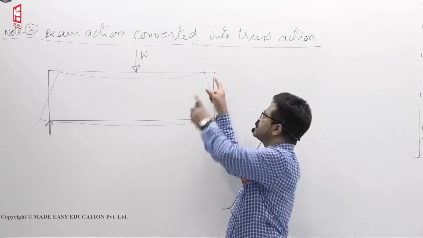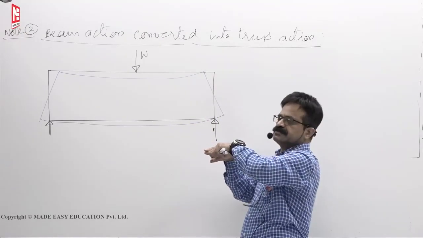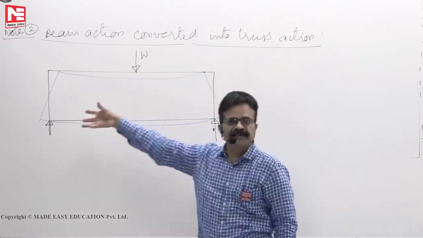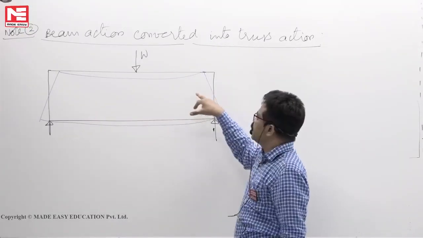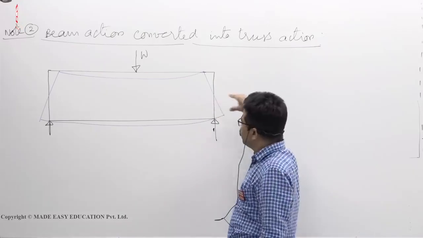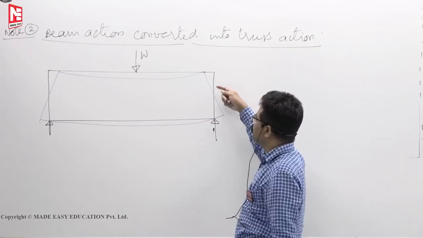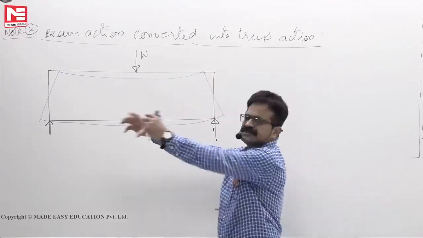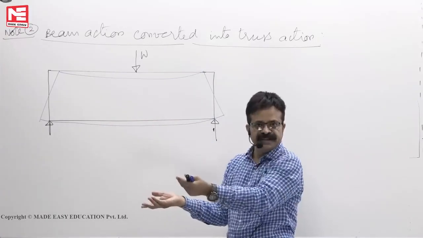This one is actually a solid rectangular section, so it will have heavy weight. At the neutral axis level, bending stress is 0. So when bending stress is 0 at the neutral axis level, why should we have a solid rectangular section throughout the length and waste our money?